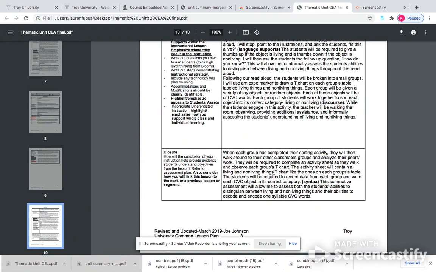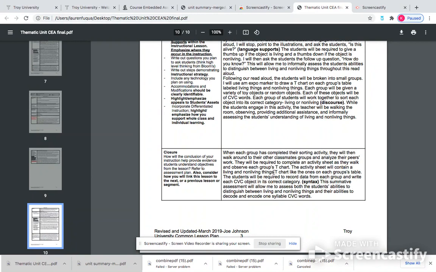And then to close this unit, after they have done work together with their groups, they will then get to travel the room and look at every other group, and they'll have an activity sheet with a T-chart very similar to the one on their table, and they'll be required to record living things and non-living things on their own personal T-charts from all the different groups.